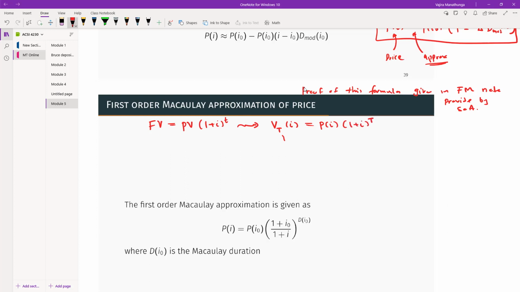So this is basically current value. If we set t to 0, what's going to happen? Basically, it gives you the present value.